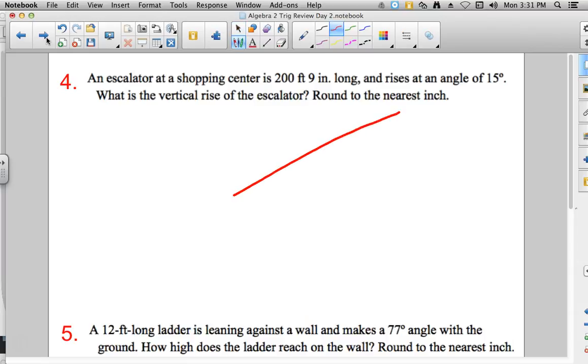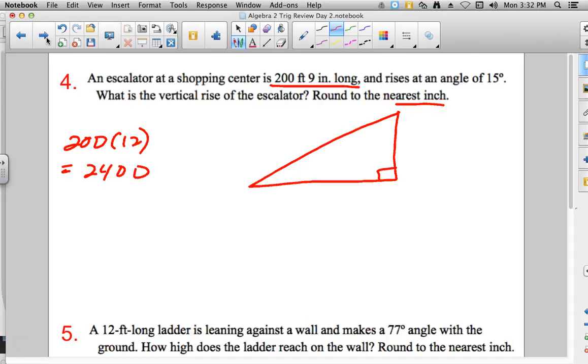So, escalator looks something like this, and of course that's going to form my right angle. And it says it's 200 feet 9 inches long, but I notice in the answer they want us to give this to the nearest inch. So the first thing we would want to do is convert that 200 feet into inches by taking that times 12.